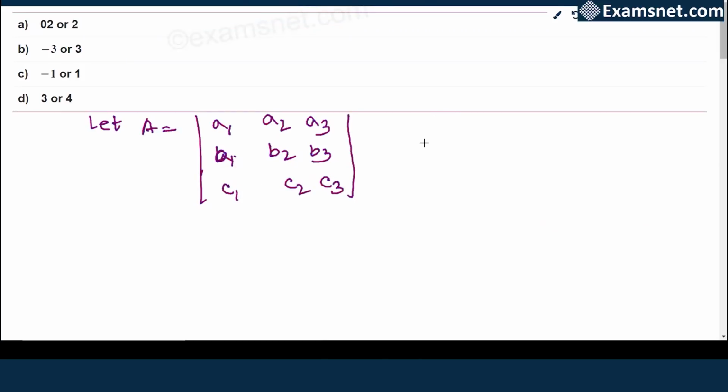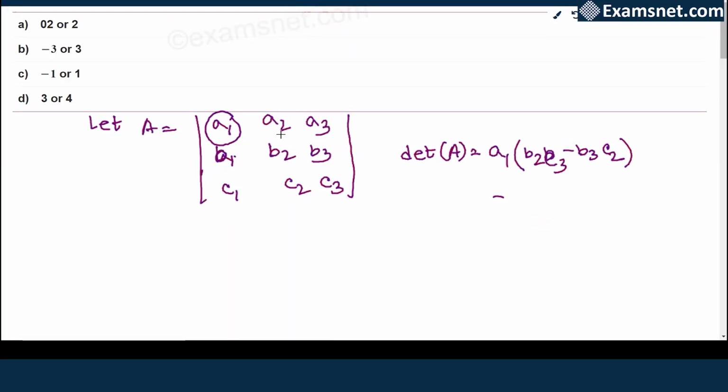We are going to find the value for determinant A. When we write the corresponding value for the first element A1, we skip the row and the column which contain A1. So we are left with this portion: A1 times B2 C3, cross multiplication, minus B3 C2.